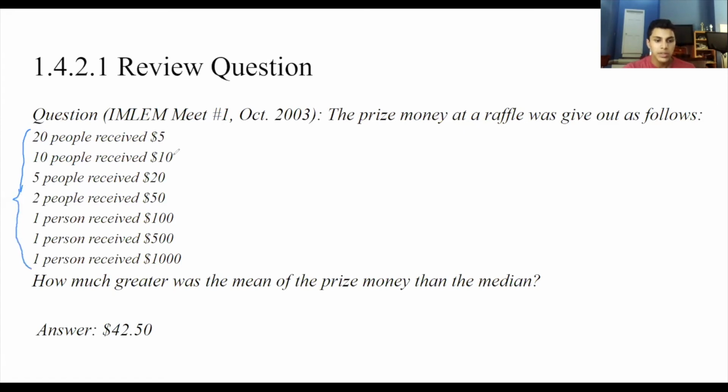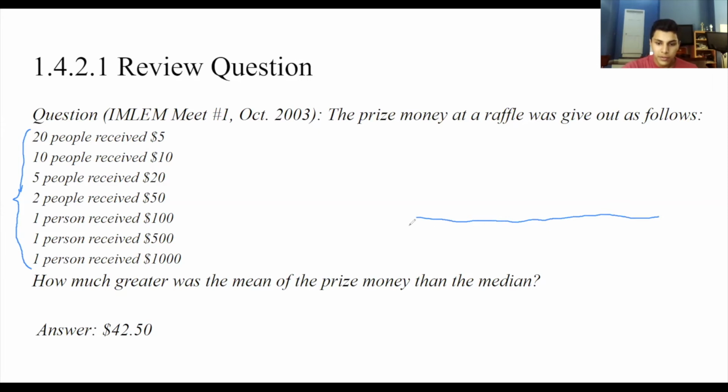I'm going to start with the median. If you remember our definition of median, it's basically just the center of the data. It's where we have half the pieces of data greater than it and half the pieces of data less than it. In order to simplify this a little bit more, I'm going to pretend this is represented in a bar graph or an X graph like we had before.